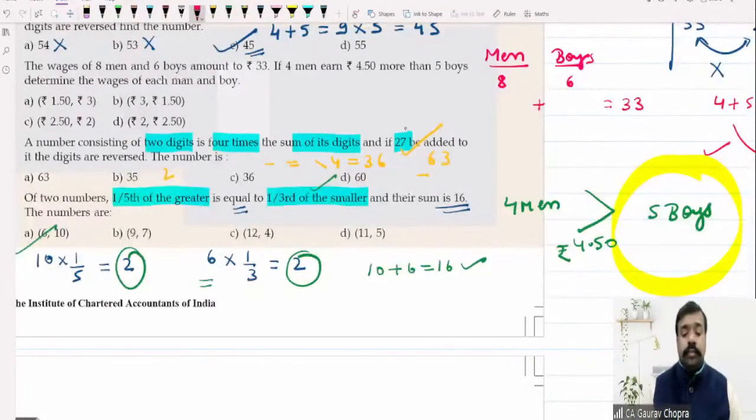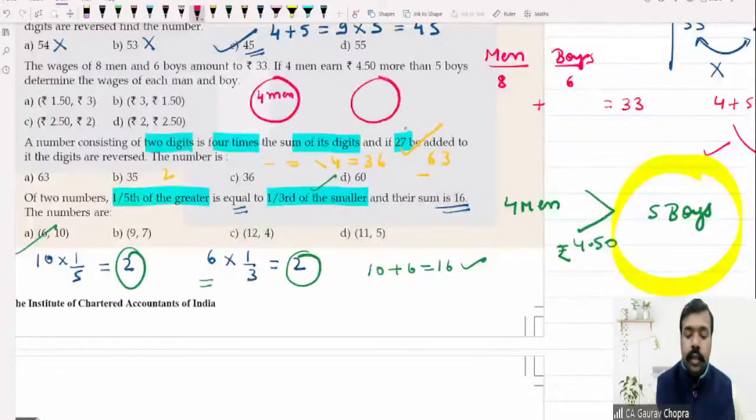The second says, 4 men earn rupees 4.5 more than 5 boys. Okay, so now there is a group of 4 men, and here there is a group of 5 boys. Now 4 persons are earning more as compared to 5 boys.